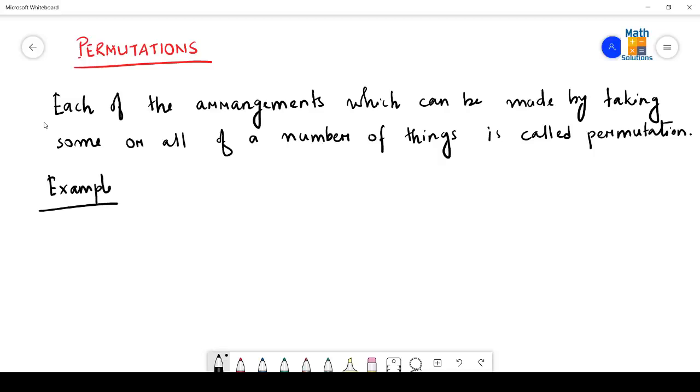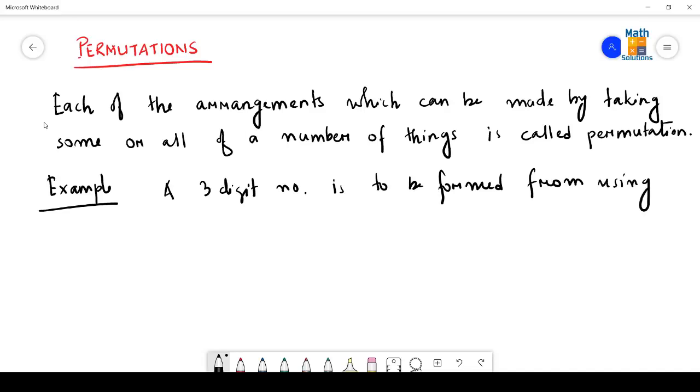Suppose a three-digit number is to be formed using digits 0 to 9, without repetition.